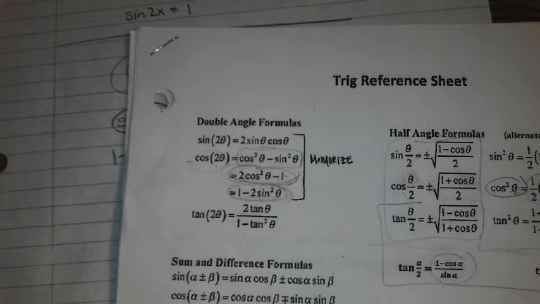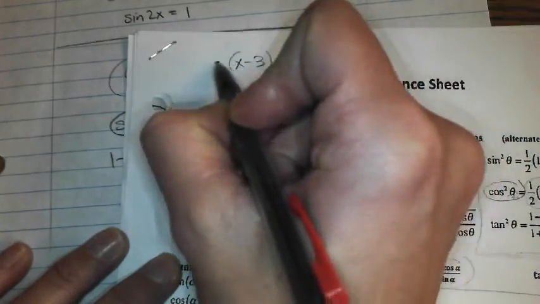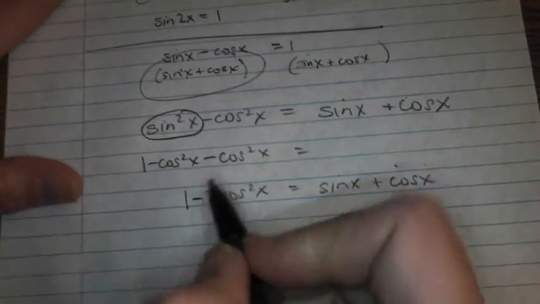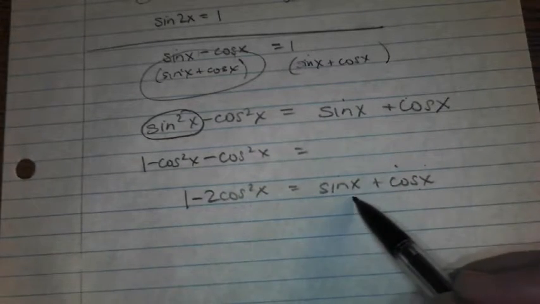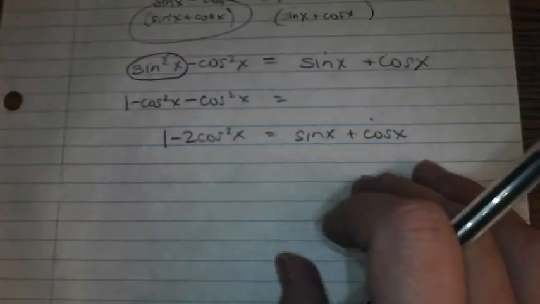Yes. Like if you do x minus 3, and you negate it, that just makes it 3 minus x. So we could use the negative cosine of 2 theta. I'm still stuck though because I want to get it all in terms of sines or cosines.